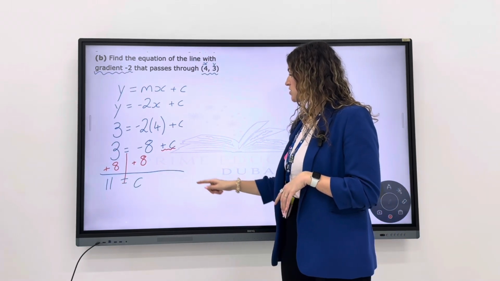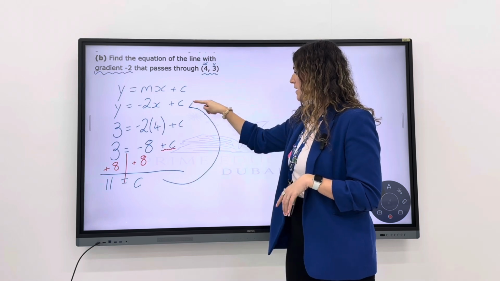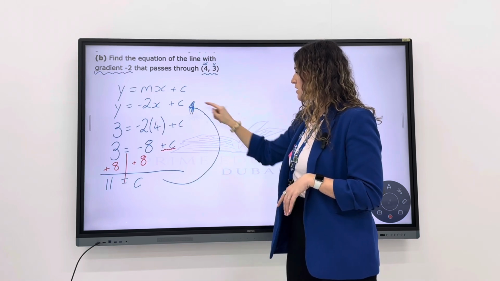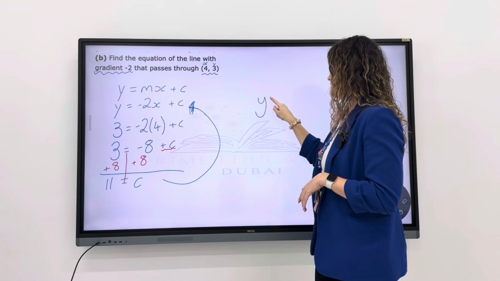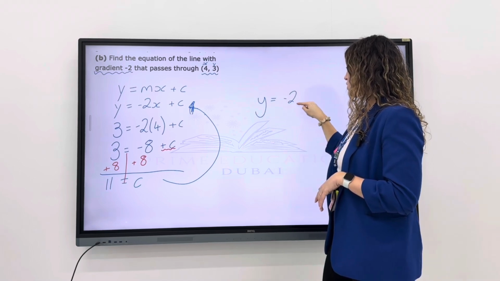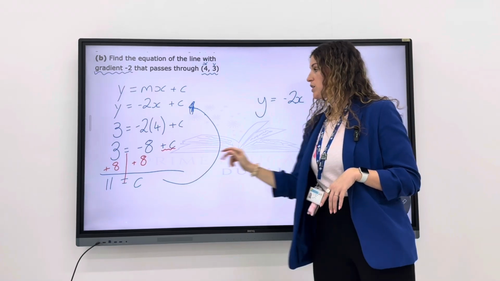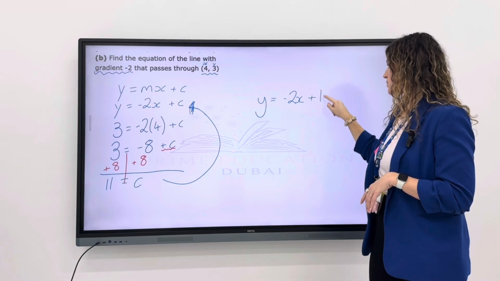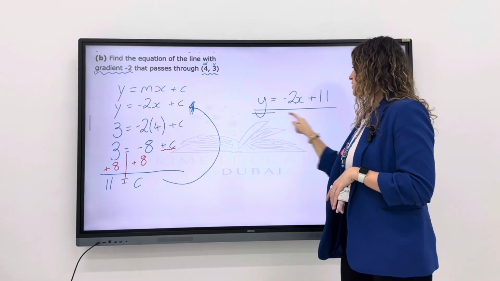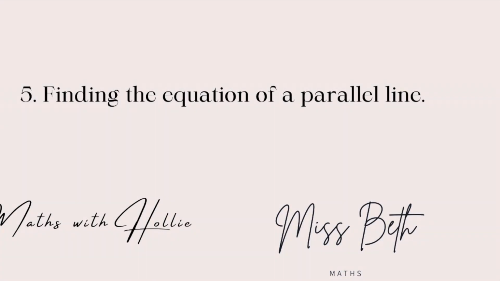Now my final step is I want to write this back into my equation. So y is equal to -2x plus 11, and that is my final answer for this question.